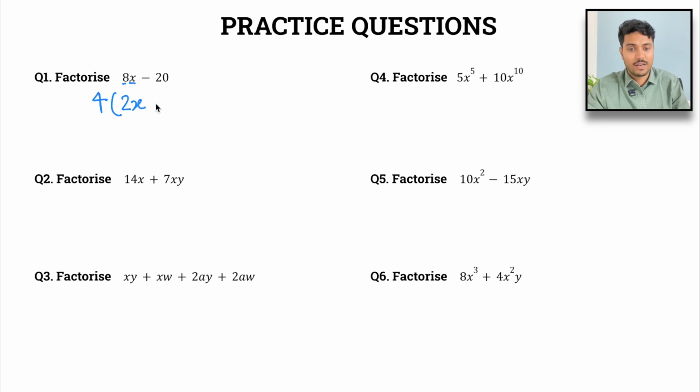So x minus 4 into 5, that will give us 20. So 4 into 2x will give us 8x, and 4 multiplied by negative 5 will give us negative 20. So that's how we get the answer.